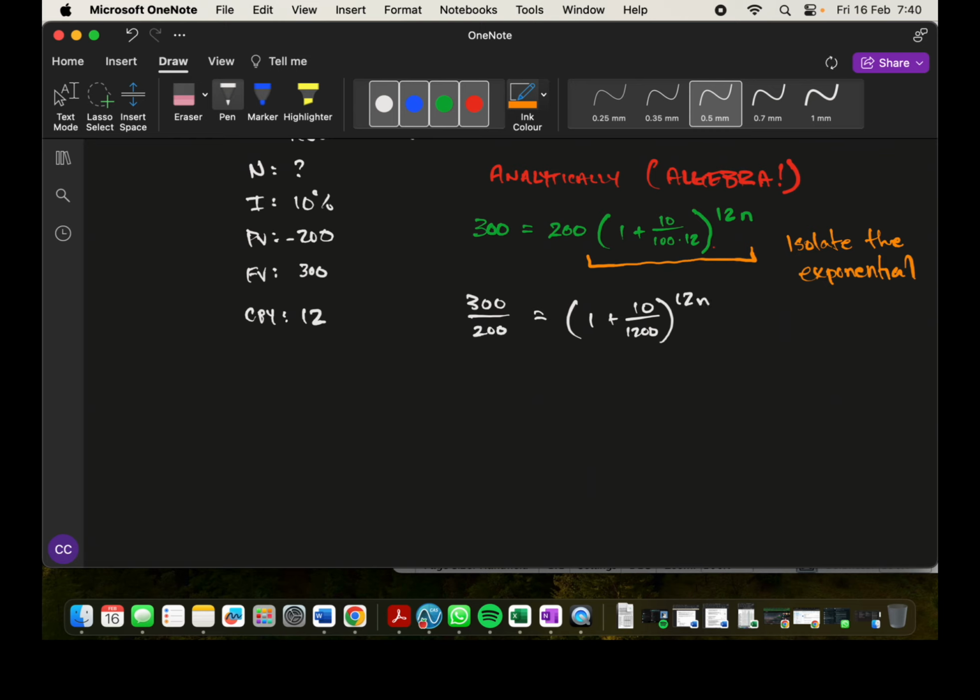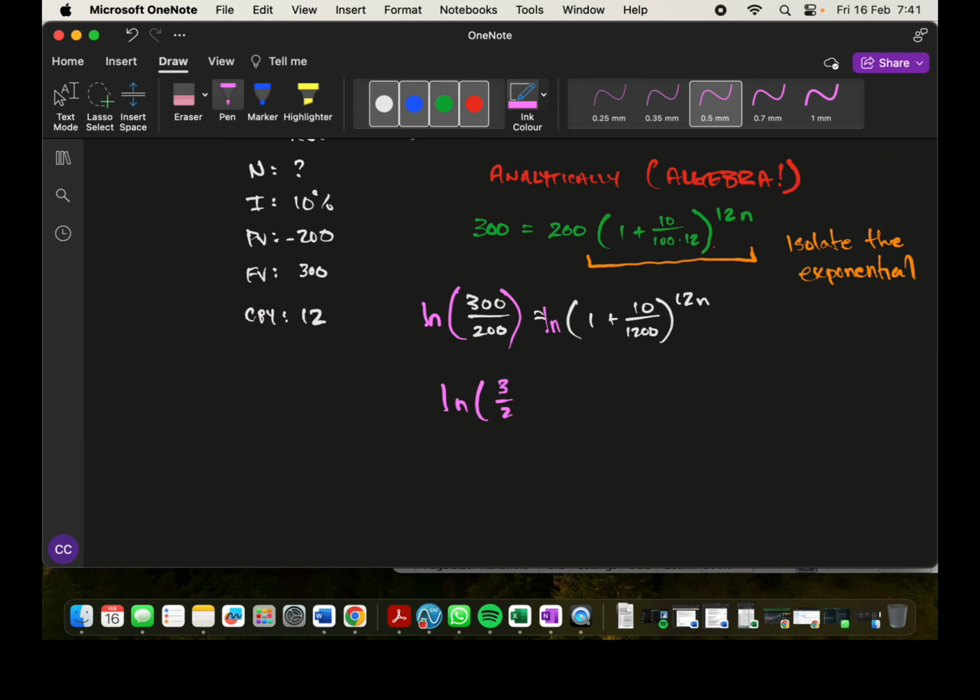Okay? Now that we're here, because we're dealing with the natural log, I'm just going to take the natural log of both sides. And the reason I can is that so long as I do the same thing to both sides, I get equality.